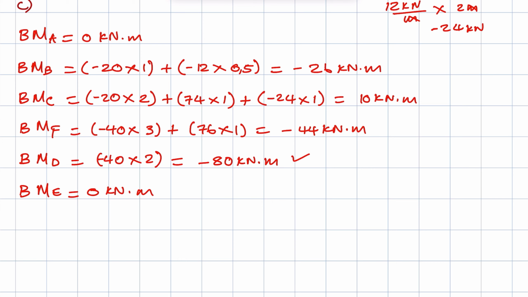Because the maximum bending takes place at point C above the 0 line and at point D below the 0 line, we expect the shear force diagram to be equal to 0 at point C and at point D. Now we're going to see if that is so when we draw our shear force, which is what we are going to do next.